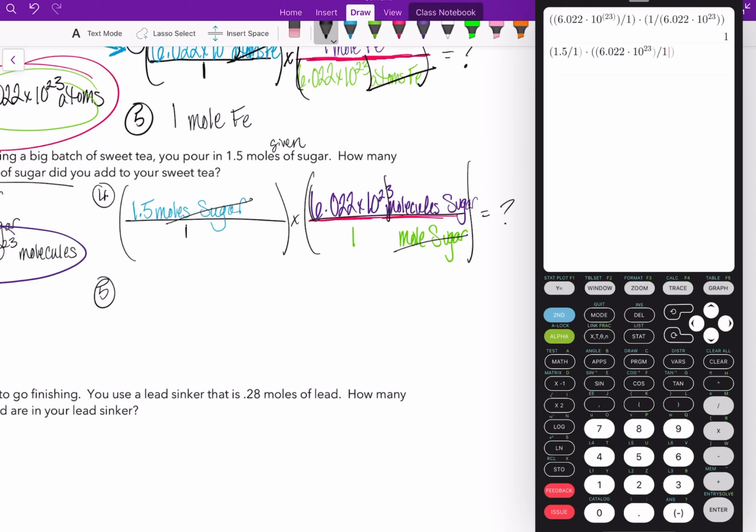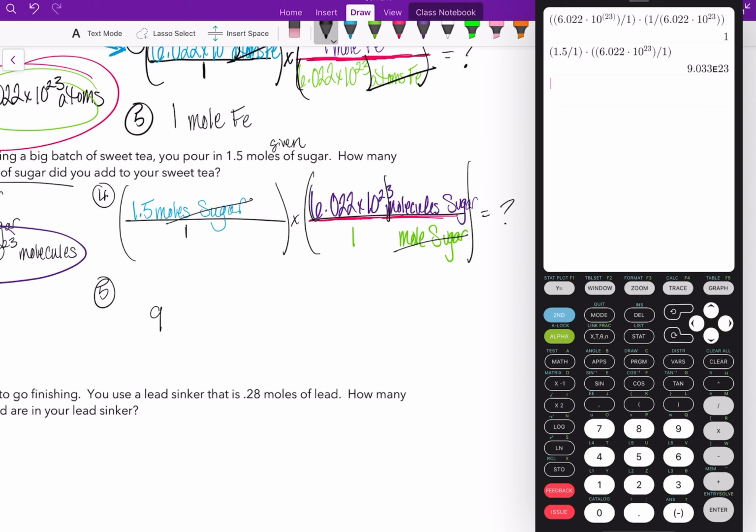So we have 1.5 divided by 1 times 6.022 times 10 to the 23rd divided by 1. And we get 9.033, and then we see this E right there, 23. What that means is times 10 to the 23rd. So that E means times 10 and your exponent.